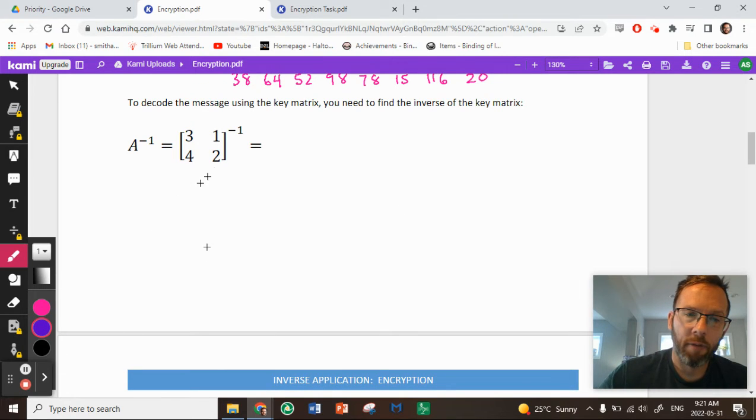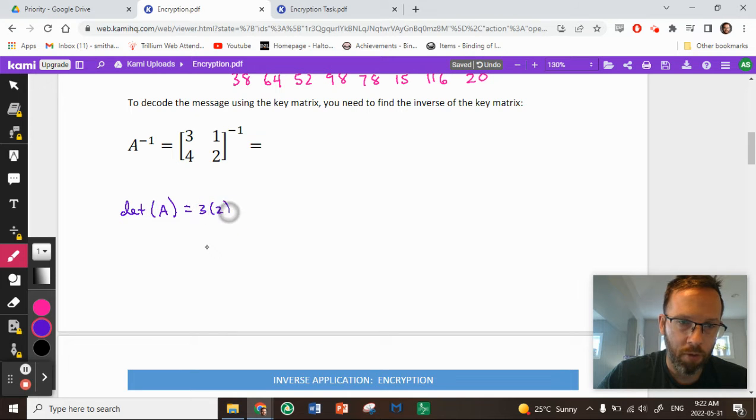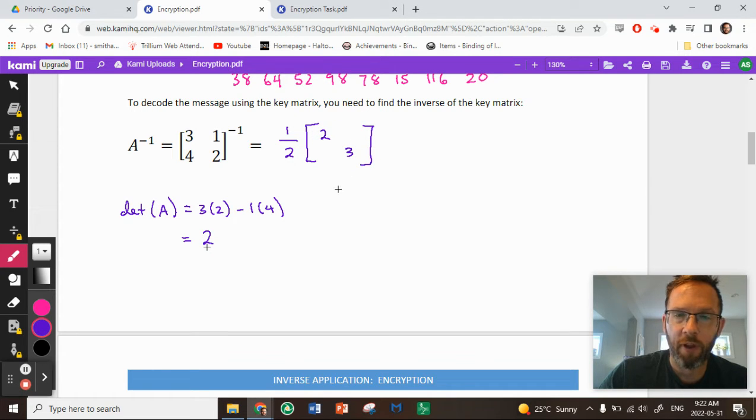So in class, we have been checking the determinant to make sure it has an inverse. So here, the determinant would be 3 times 2 minus 1 times 4, which is 6 minus 4, equal to 2. And so using our rule for finding the inverse matrix, the inverse would be 1 over that. We swap the two entries on the first diagonal, and then we change the sign on the other diagonal.